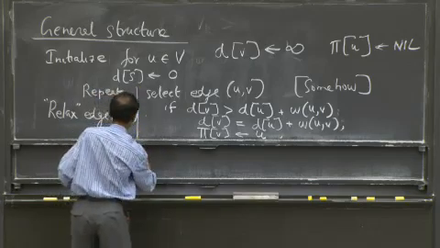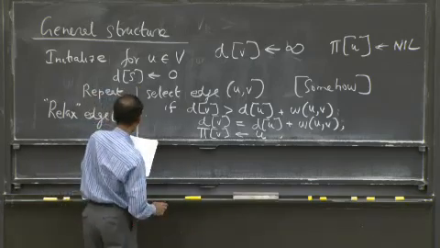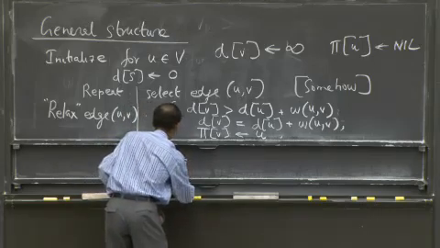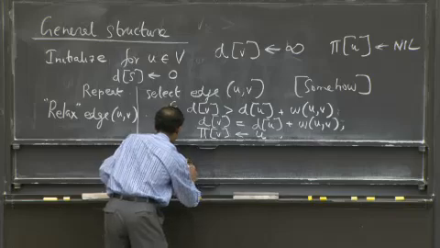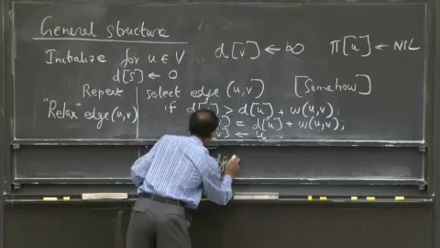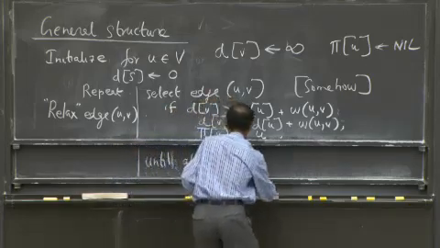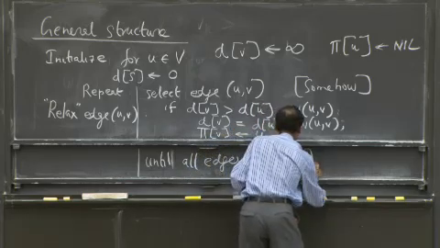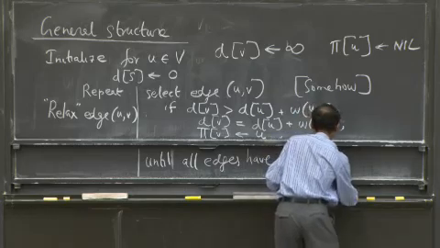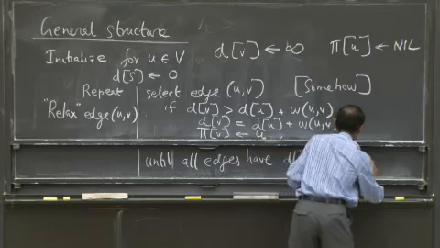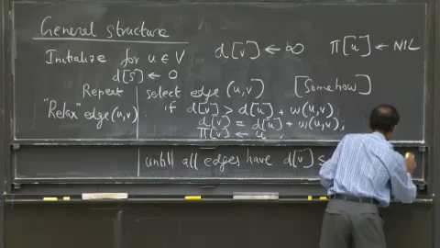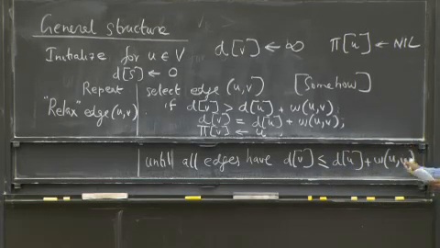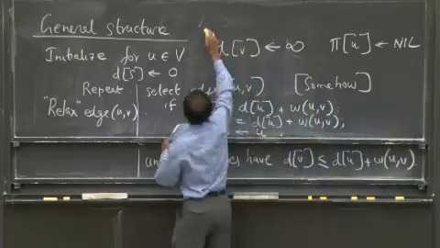So what is the repeat? Well, the repeat is until all edges have d of v less than or equal to d of u plus w uv. Okay? And the assumption here is that you have no negative cycles.